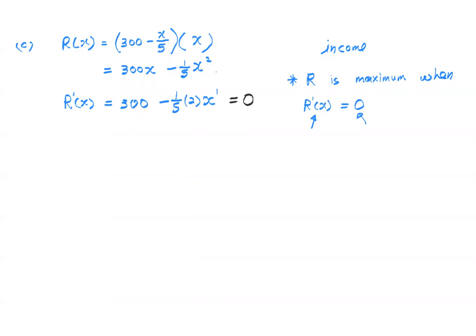So I have 2 over 5 x is equal to 300. So my x will be equal to, I just need to take out my calculator, 300 times 5 divided by 2. Just take out your calculator and calculate. You don't even have to show me the working. So you get 750.